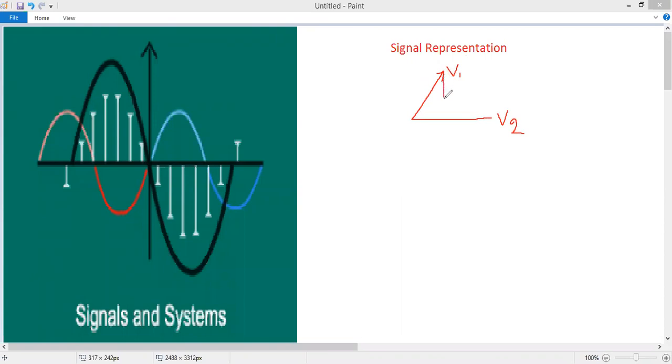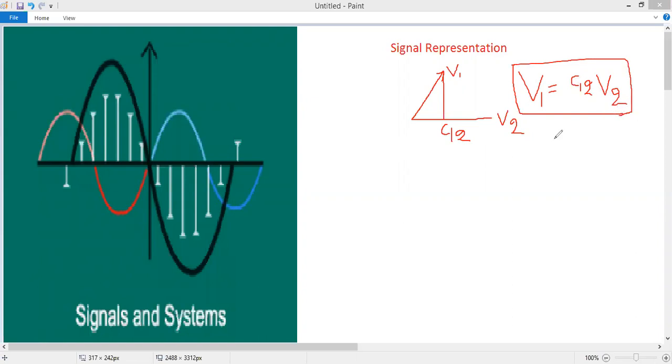The intersection point gives the correlation coefficient C12. So my equation can be written as v1 equals C12 v2. This is the representation of vector 1 in terms of vector 2.